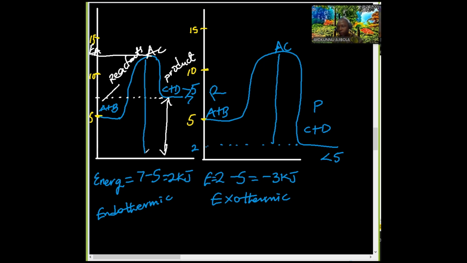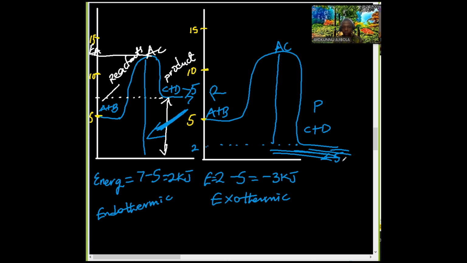So when you see an energy profile with an open mouth here, consider it as taking energy from the environment. But when you see the one with a closed mouth here, going down, then it's going to release energy into the environment. Is that clear? Yes, sir.